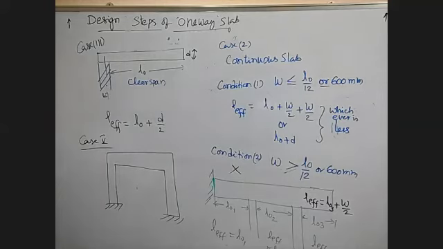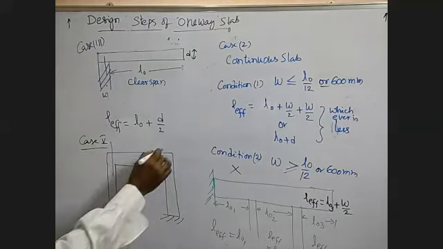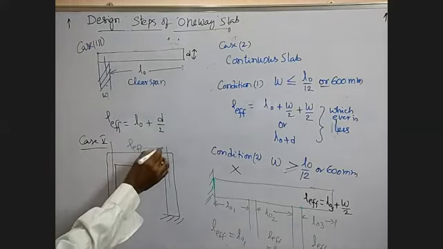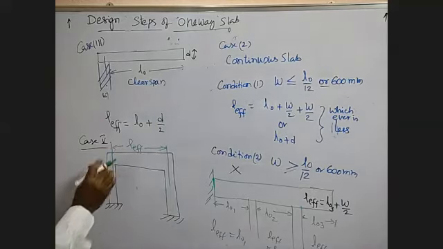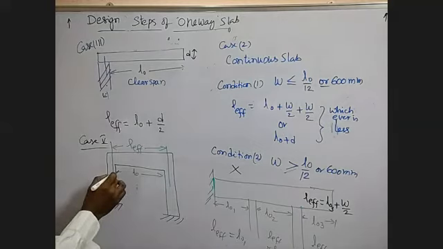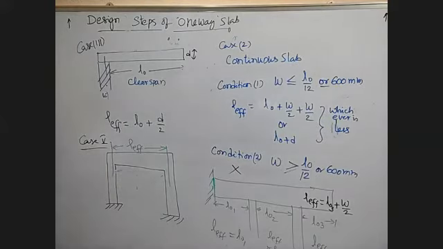The effective span here is the center to center of this, L effective. The center to center distance, L0 plus the center to center of this, is the L effective span. So these are the 4 cases of the effective span.